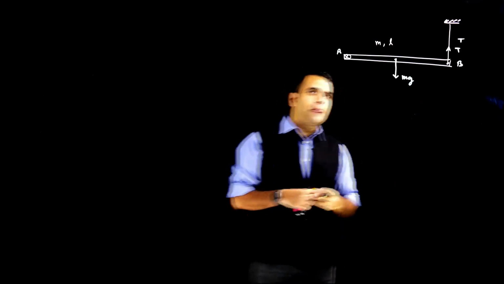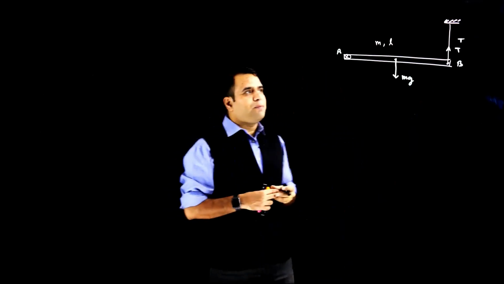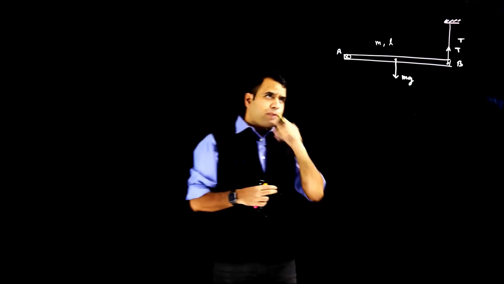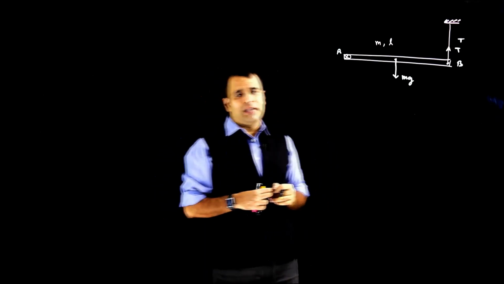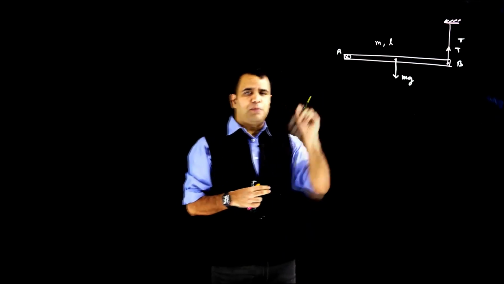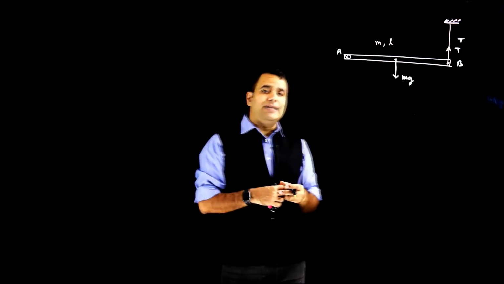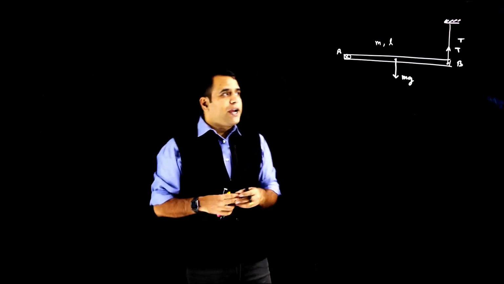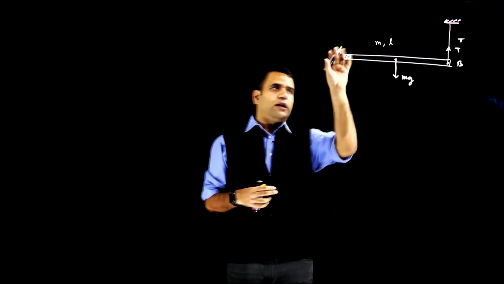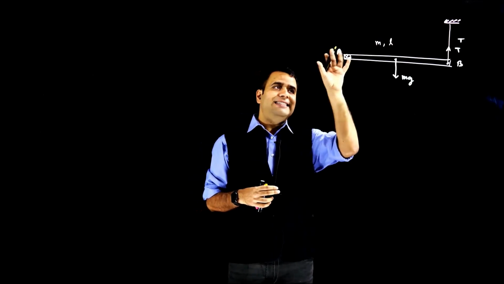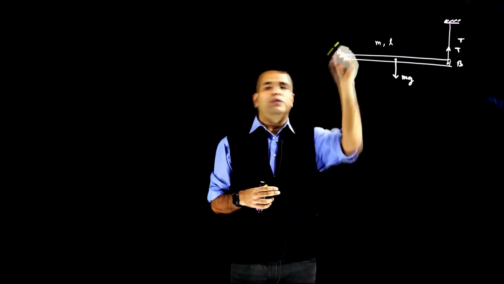Acting at point B. Now if you look at point A, the force at point A will be the reaction force, and this force is acting at a single point. Since this force is acting at a single point, it's very difficult to calculate the direction of that force. So in that case, this reaction force we divide into 2 components.